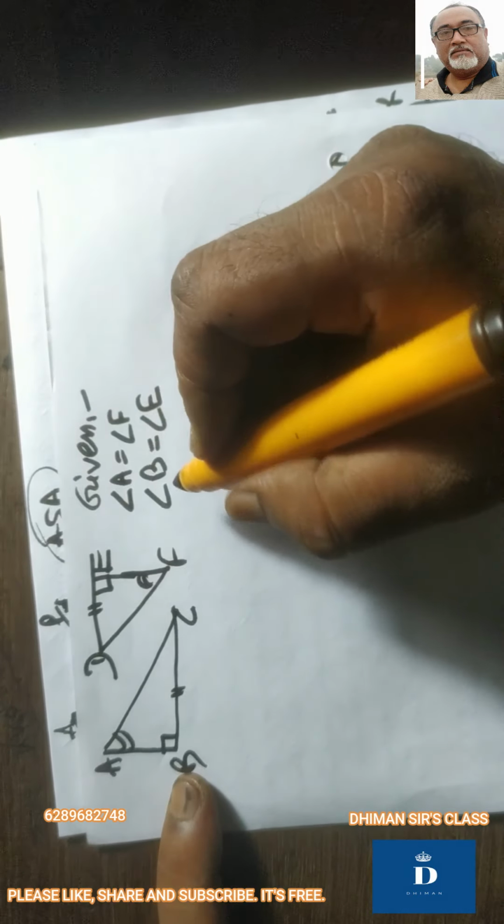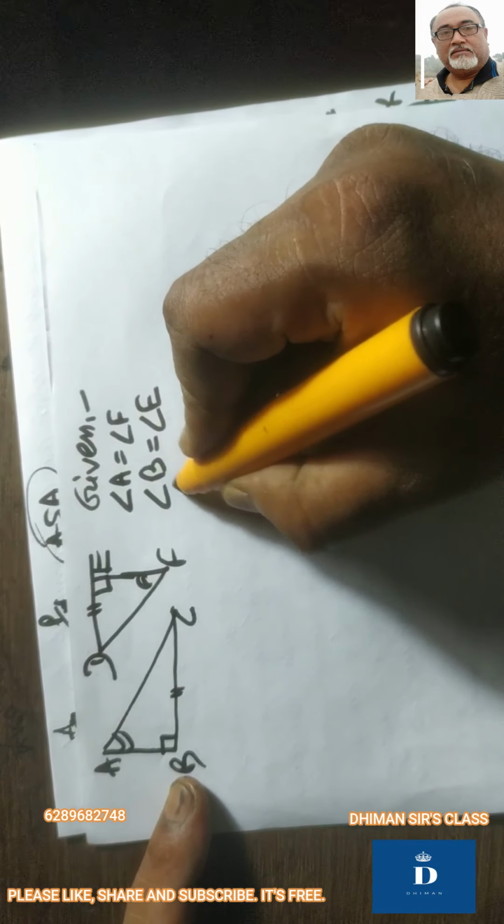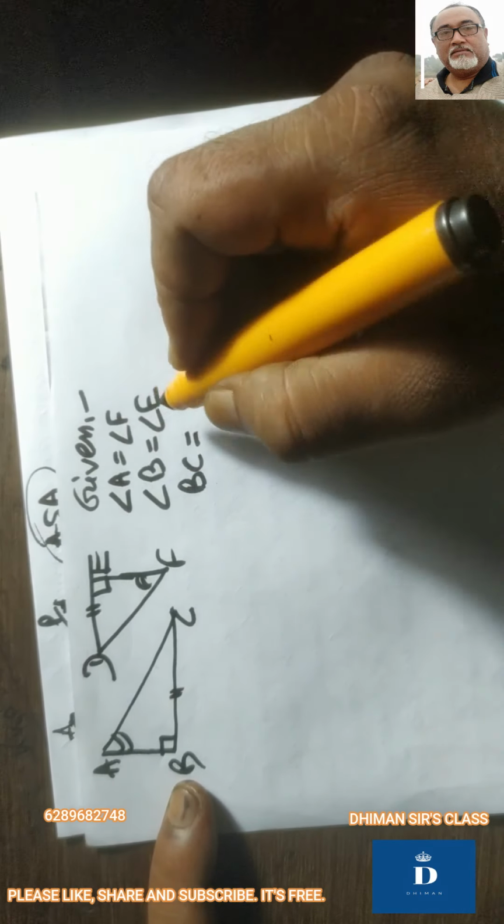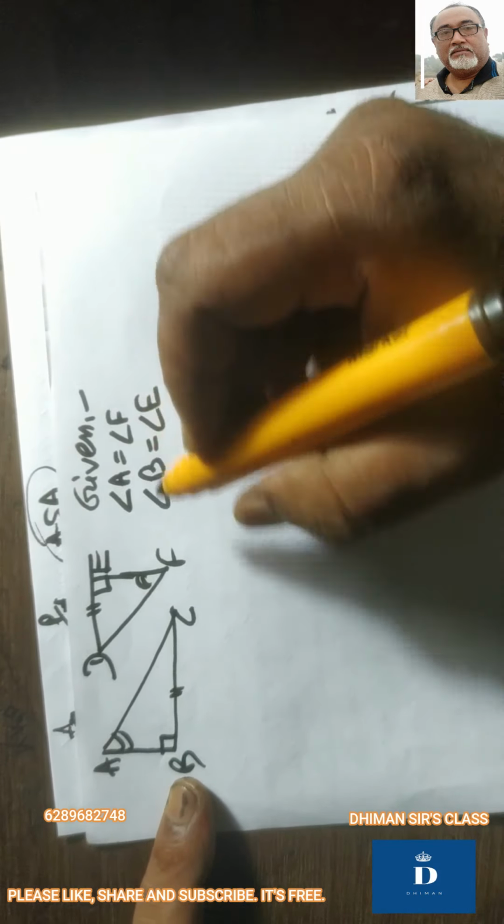And then they are telling BC is equal to DE. So hide this, or you hide this.